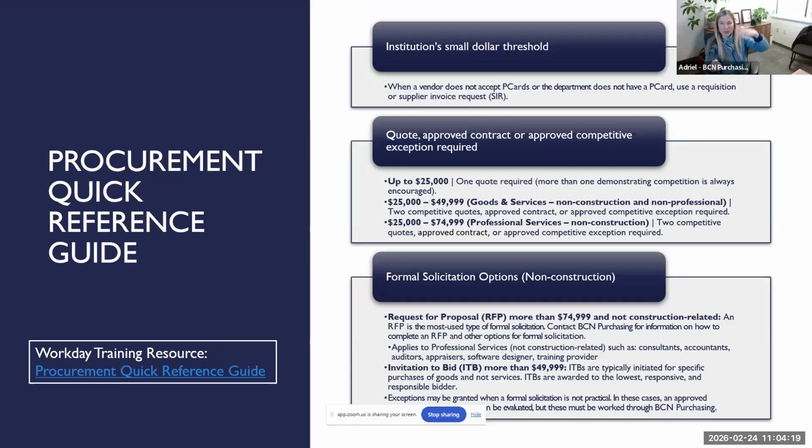But when it's a lot of items, oftentimes the second quote doesn't have them in the same order. They may call them something slightly different, and it can be hard for us because we're not experts in the product being listed to make an accurate comparison. So if you are submitting multiple quotes to show that you want to go with the lowest quote, that is really helpful for us. I don't know that TMCC has a huge issue with this, but it's one I have seen consistently that slows down buyers in processing your requisition.